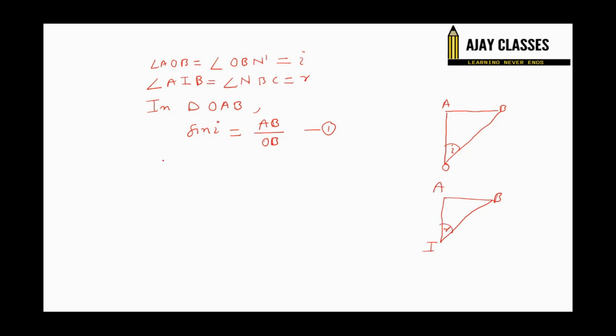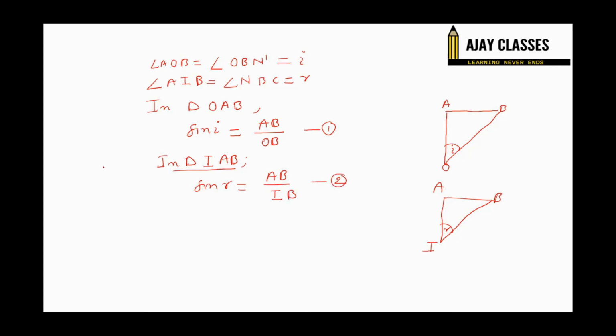In this triangle IAB, the sine of the angle of refraction is equal to AB by IB. We take this as equation 2.